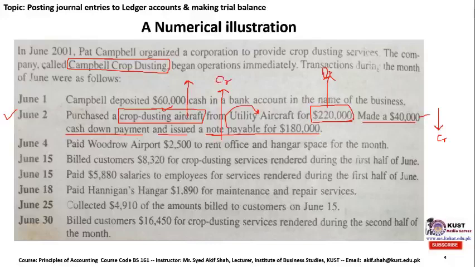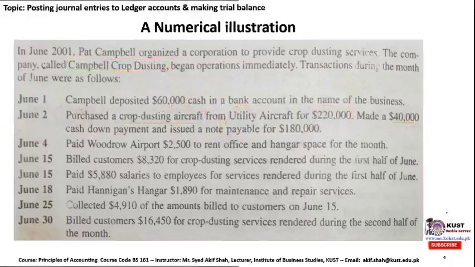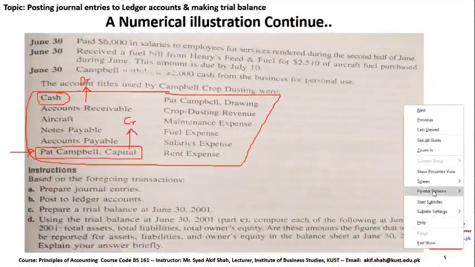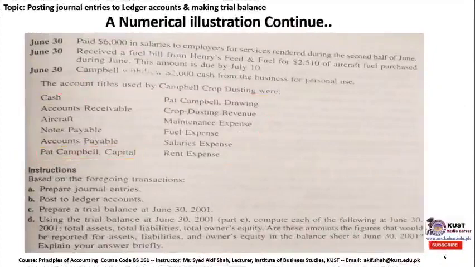So after understanding the second transaction, let's move to the chart of account and select the appropriate title for cash, for crop dusting aircraft and as well as for notes payable. So here we have our chart of account.